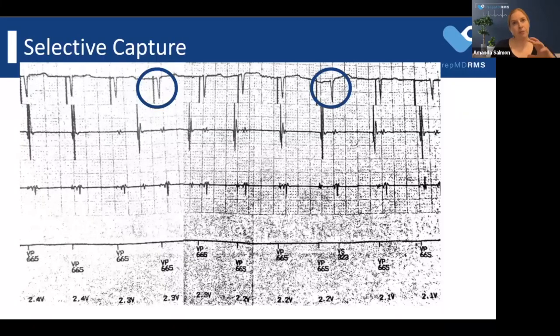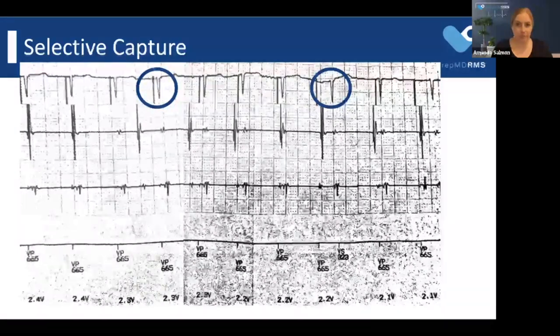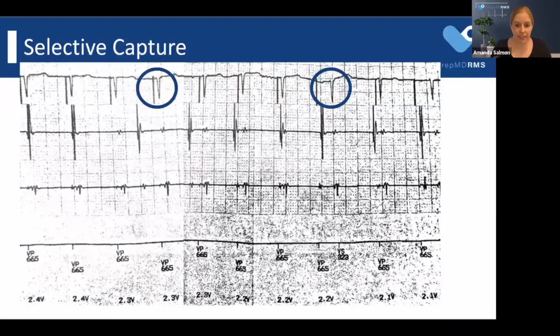So, bringing us back to the type of capture, I think I got a little excited there. We can confirm from this strip alone that this is selective capture, because when we're pacing, we have this specific looking QRS morphology. And when we pace down here at 2.2 and we lose capture, the patient's own intrinsic actually comes in here.